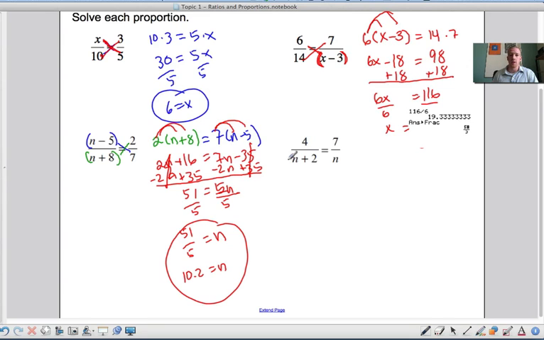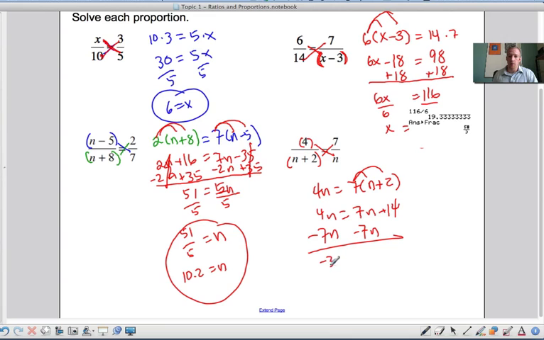All right, one last example here. n plus 2 times 7 equals 4 times n. So 4n equals 7 times n plus 2. So now I distribute. 4n equals 7n plus 14. All right, since I have no numbers over here, I want to eliminate the variable over here.